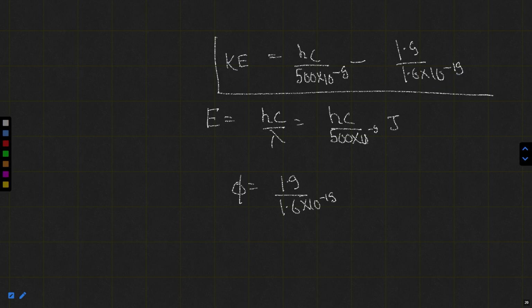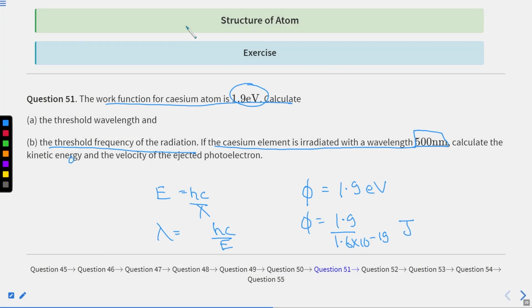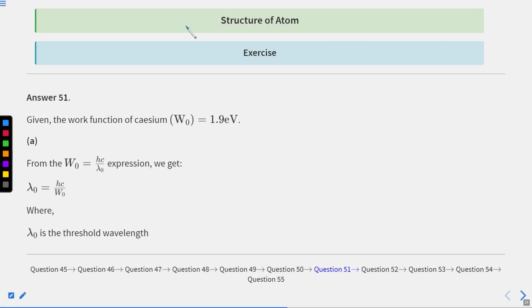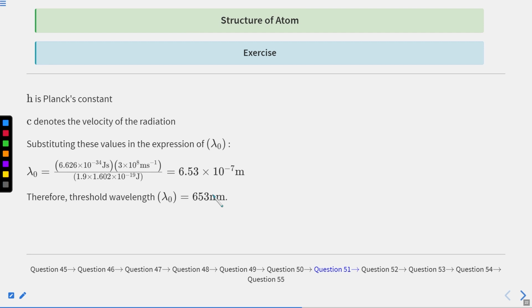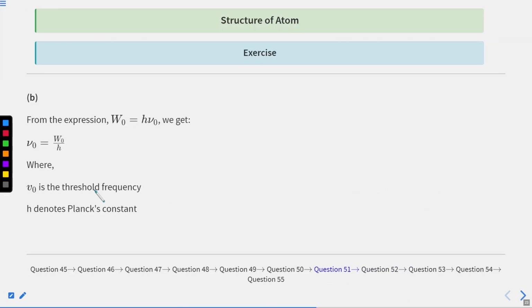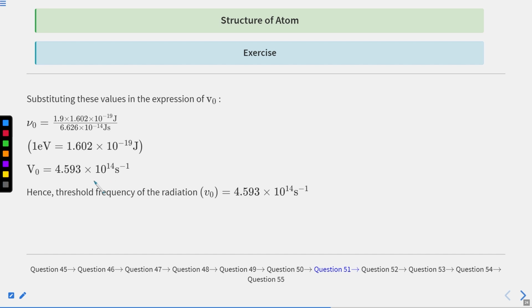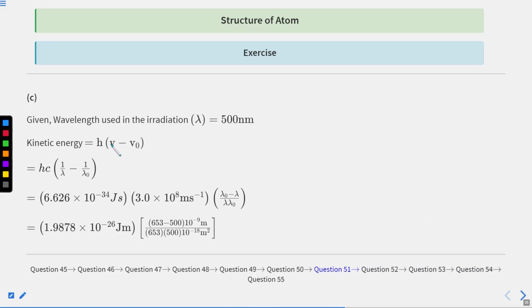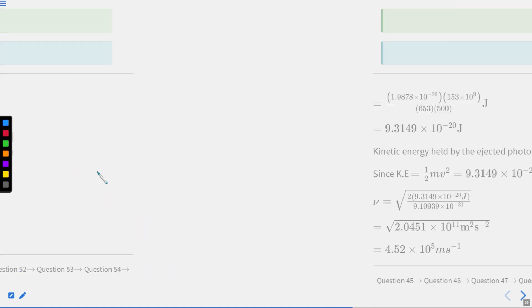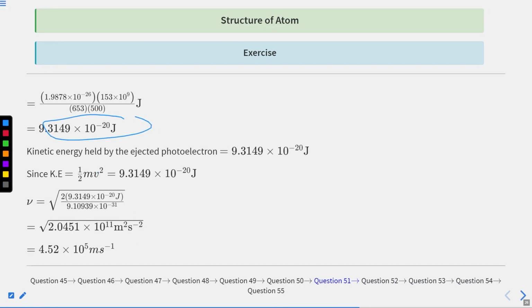That would give us the kinetic energy. So if you calculate it, you will get the value. So this was lambda naught. Okay, so work function is given. So they have calculated the frequency of that. So kinetic energy will be this much minus this much. And finally the answer would give us this much joule.